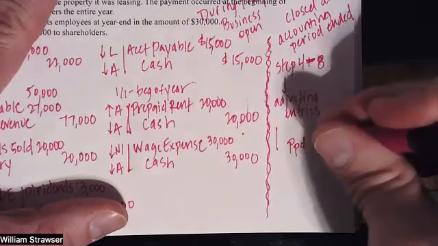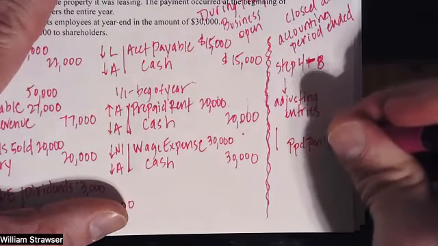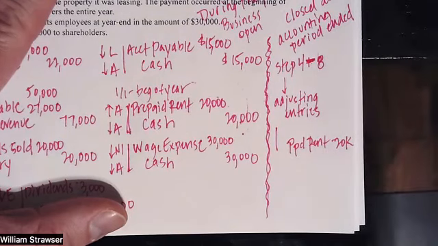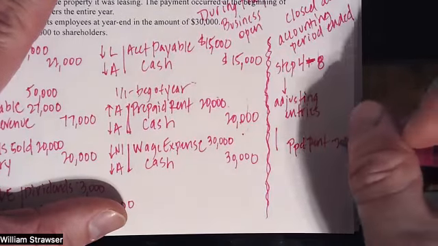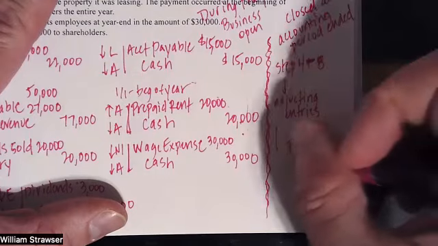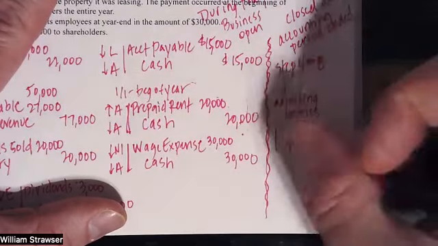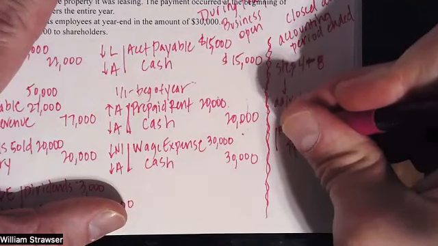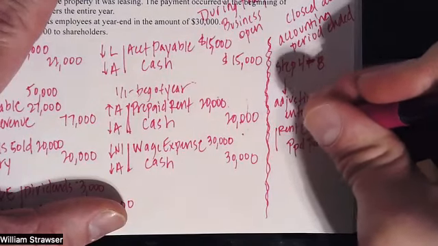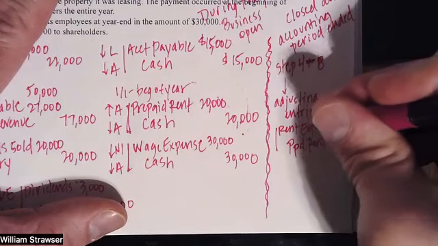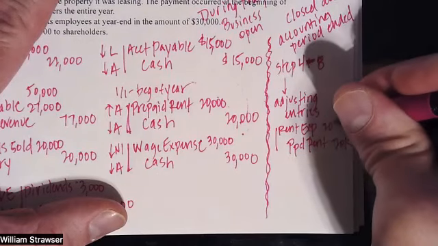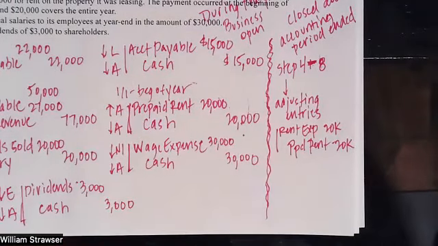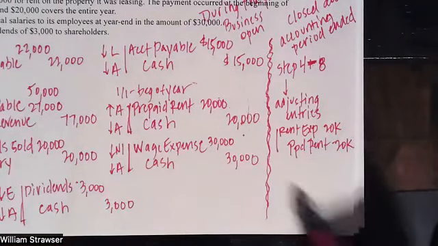So PPD, prepaid rent, for 20,000, all that credited out. Now, what would show me that I used this up? How did this decrease? It decreased because I now can recognize rent expense as I used up an asset. I don't record it as rent expense at the beginning of the year because I haven't used it up.